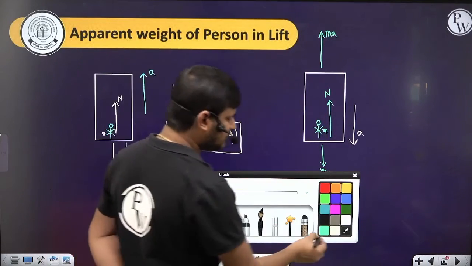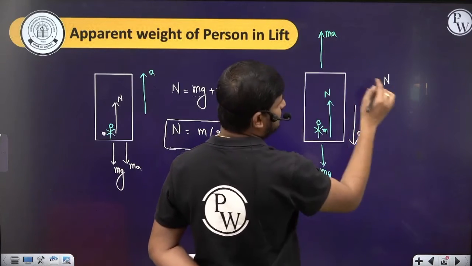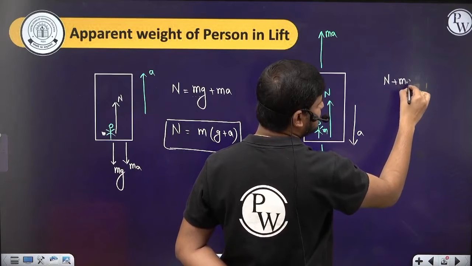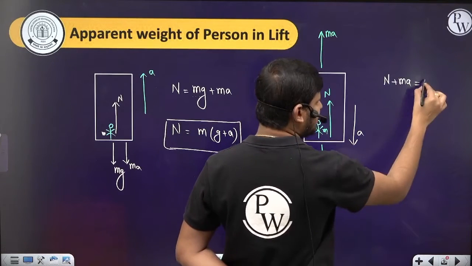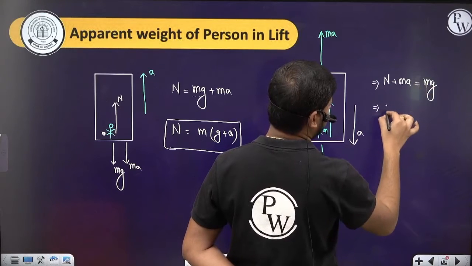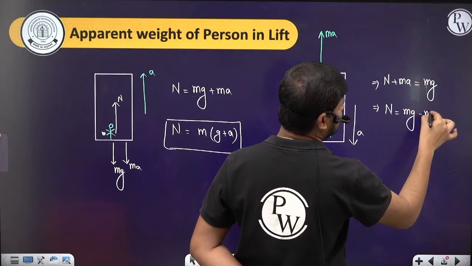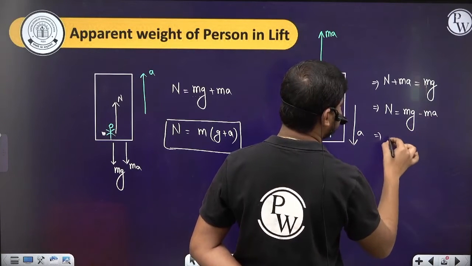So in this case the normal and ma are both in the same direction. N plus ma is balanced by mg, so from here the normal equals mg minus ma.